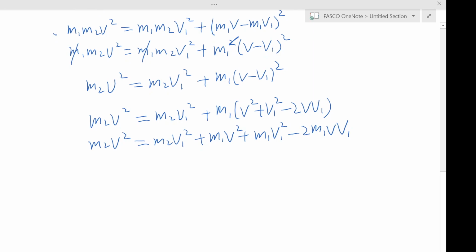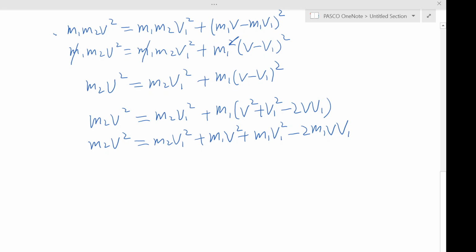Alright, since v1 is my variable in this quadratic equation, I'm going to rearrange everything in the decreasing order of the exponents of v1.